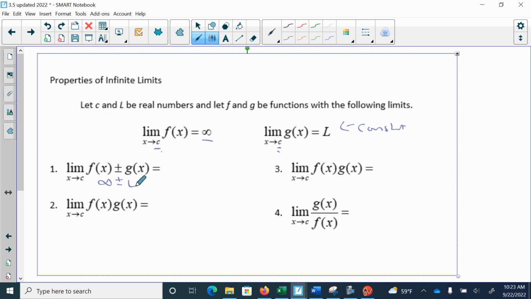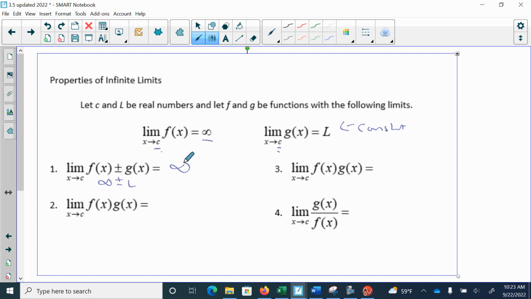What's that going to end up being? What's infinity plus 3? It's still going to be infinity, because adding that constant won't change infinity. And if it happened to be negative infinity, adding that constant will not change negative infinity either. Make sense?